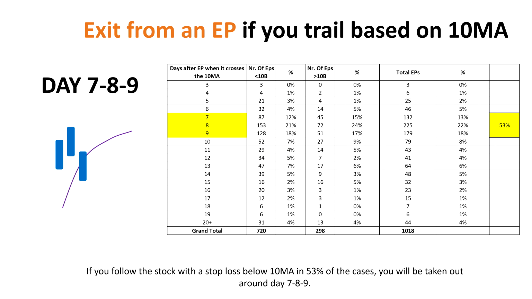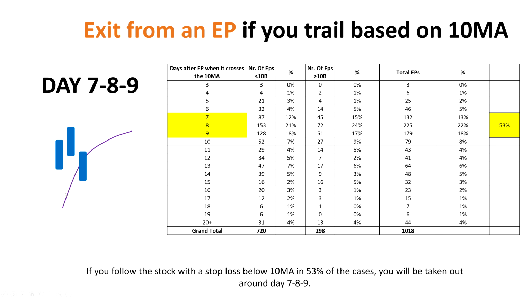Let's move on. The next event was defined as day 7, 8, 9, and I will tell you now why. This is the exit from an EP if you trail based on the 10 days moving average. I ask myself when the stock is interacting with the 10 days moving average, and you see that based on the statistics, day 7, 8, or 9 is when the 10 days moving average catches up, and there is an interaction between the stock and the 10 days moving average in 53% of the cases.